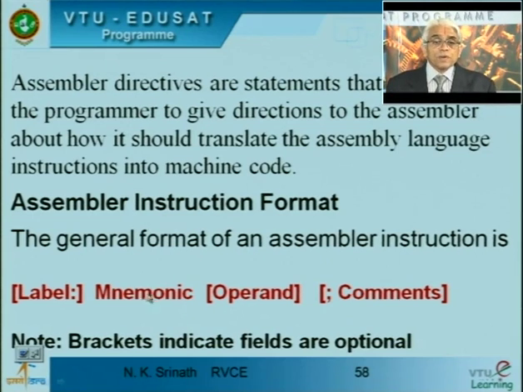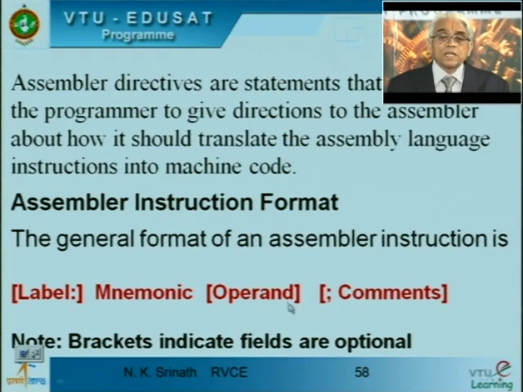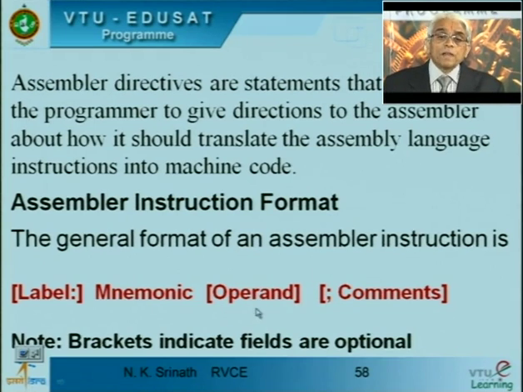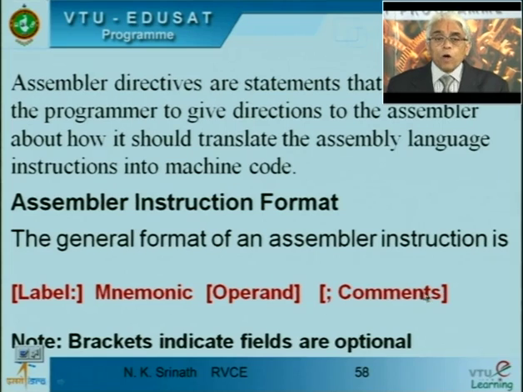For instructions which have more than one operand, we need to separate the operands with a delimiter called a comma. And then we have the comments. Before a comment, a semicolon is to be given.